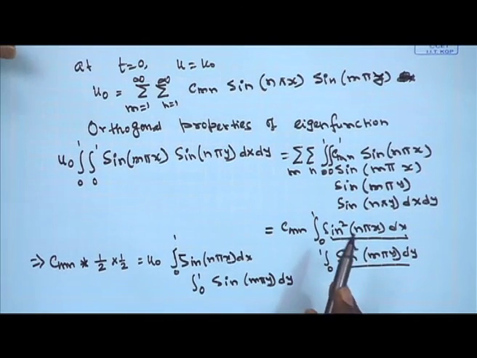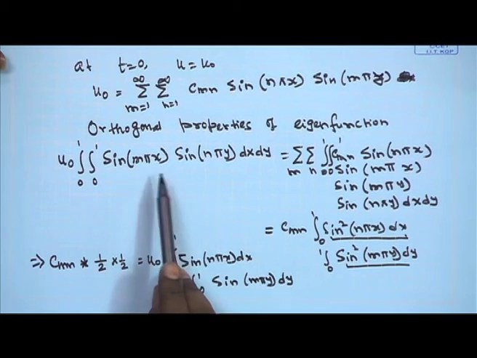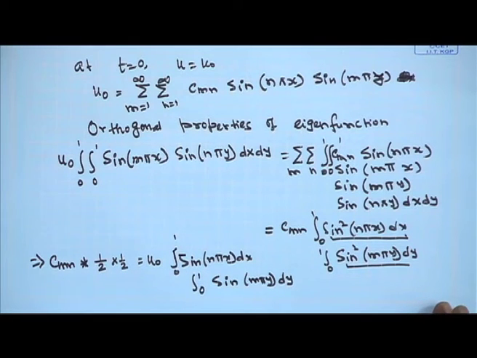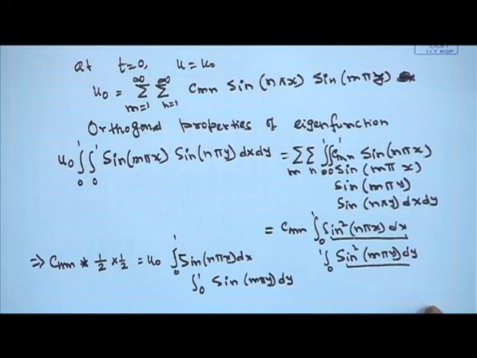What I am doing is converting the running indices to their original association. The index n was associated with the x direction, and index m with the y direction. I am just bringing them to that same direction, because they are basically dummy variables.